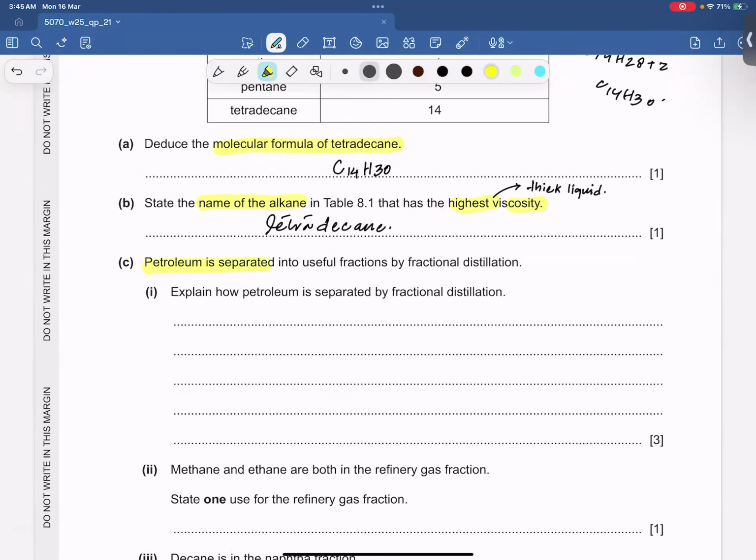Petroleum is separated into useful fractions by fractional distillation. Explain how petroleum is separated by fractional distillation. We have discussed this in class. First of all, petroleum is heated.